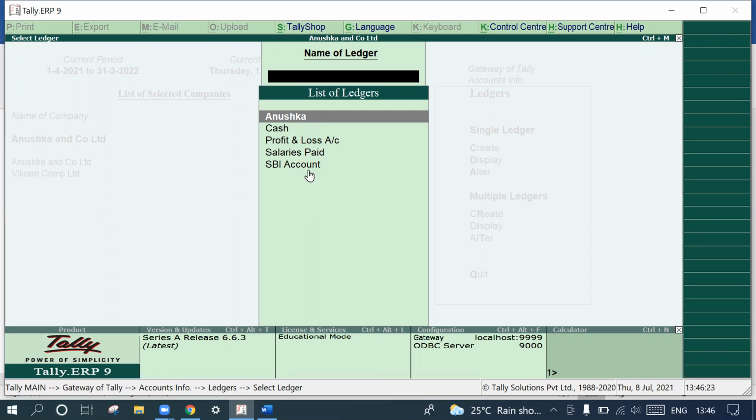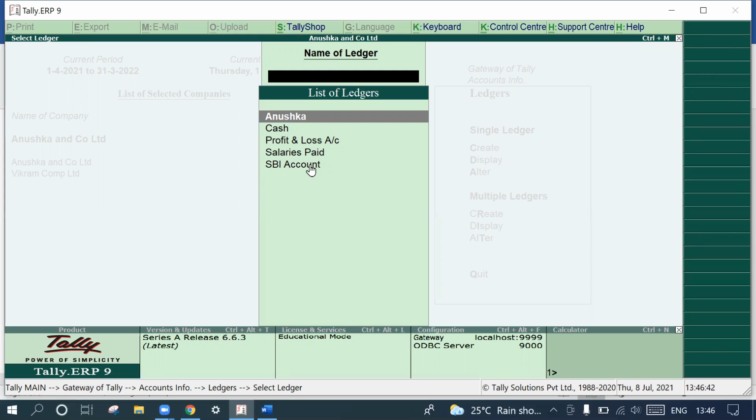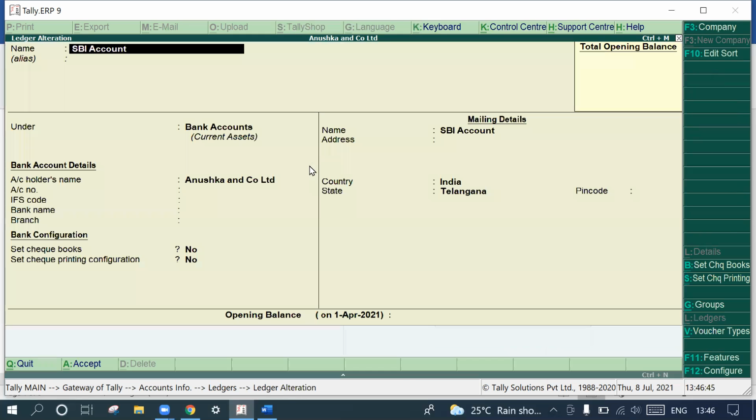Okay. If we want to change this one, for example, SBI saving account, escape, go to alter, and go to SBI account, and here SBI saving account.